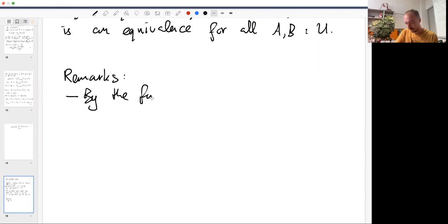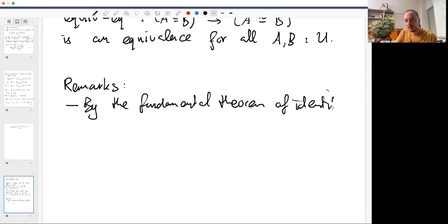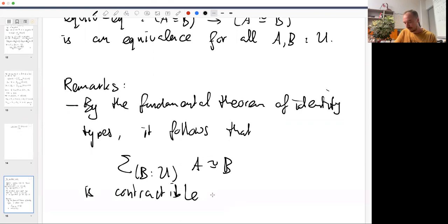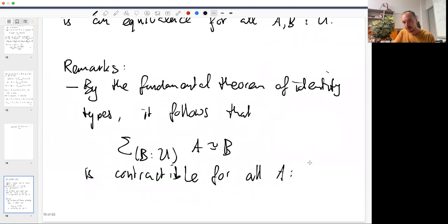By the fundamental theorem of identity types, it follows that the sigma type of all B in U that are equivalent to A is contractible for all A in U.